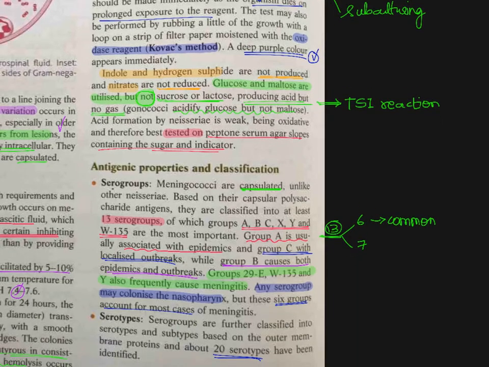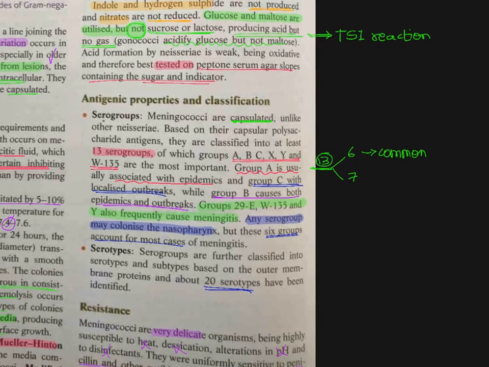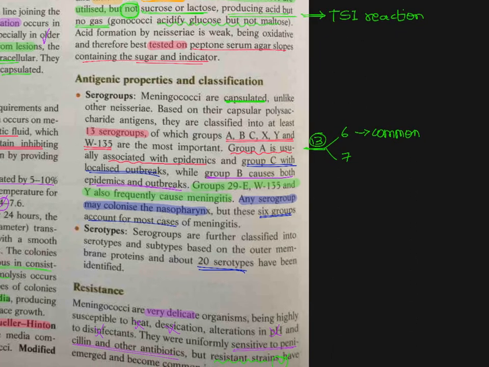Coming to the antigenic properties and the classification of Neisseria, the first is serogroups. All of them are capsulated, and they have been classified into 13 serogroups, of which 6 are the most common, while 7 are not so common. The 6 common ones are A, B, C, W, X and Y, where W is the W135 strain.